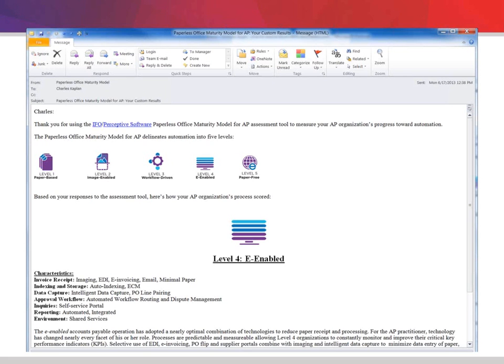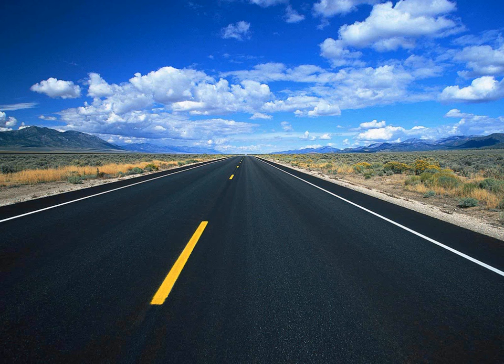Once you complete the tool online, you'll receive an email that provides you with a report not only of the findings, but also with some prescriptions, some things to consider doing to help your organization accelerate the process of moving toward a paper-free environment. And this is all available to you at the Paperless Maturity Model website that we're about to share with you.